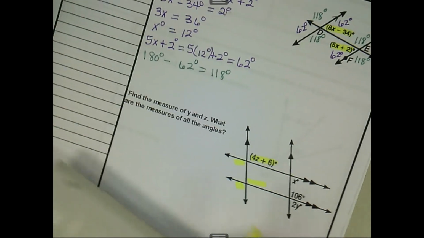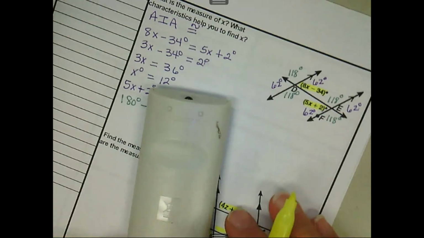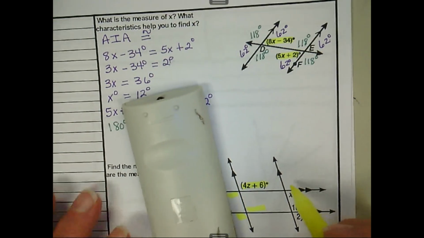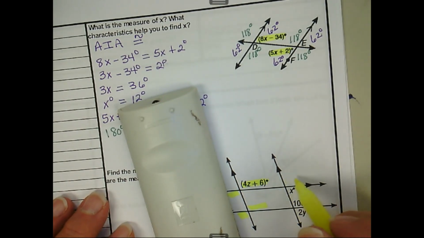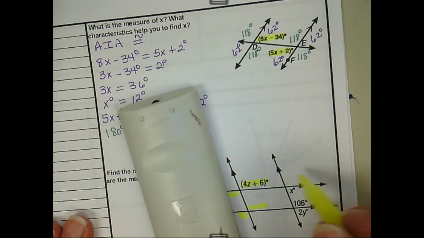Okay, when I change and go this way, I'm going to cover this up now because I want to see how this corresponds here. These two lines are parallel. So this will correspond to this angle.